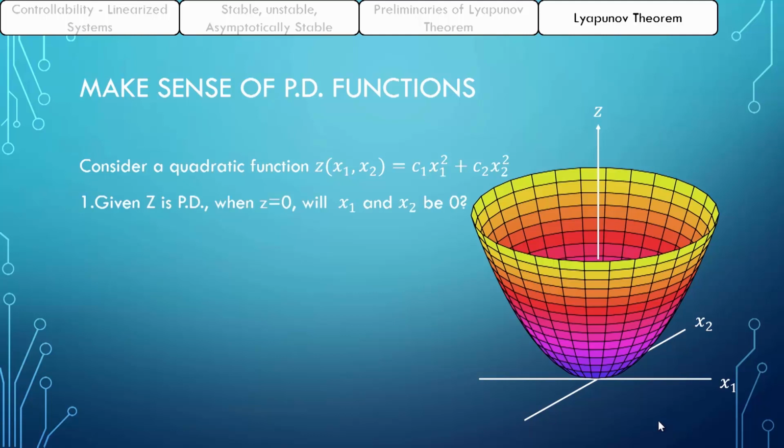So if z is PD, this function is PD, when z is 0, x1, x2 will be 0, yes or no? 是吗？我们现在都要从 z value 去反推 x. Okay, we now want to investigate, given the z value, what x1 and x2 are. So given z is 0, will x1 and x2 be 0, true or not? 那开始怀疑自己了。It's true, right?